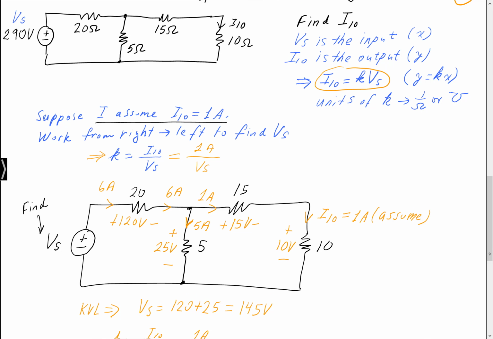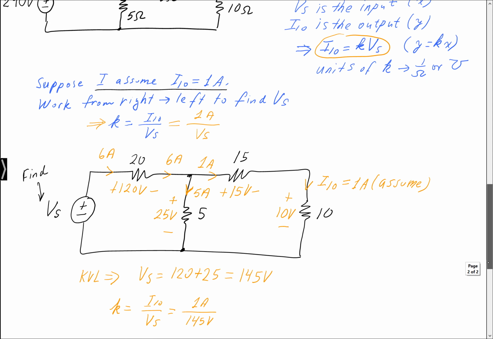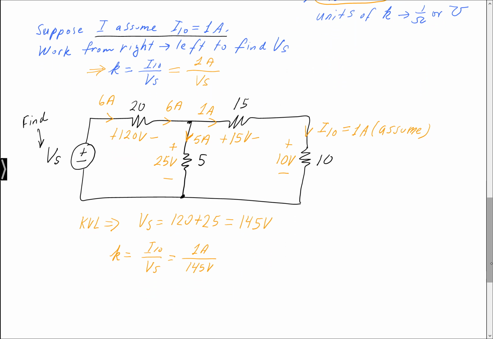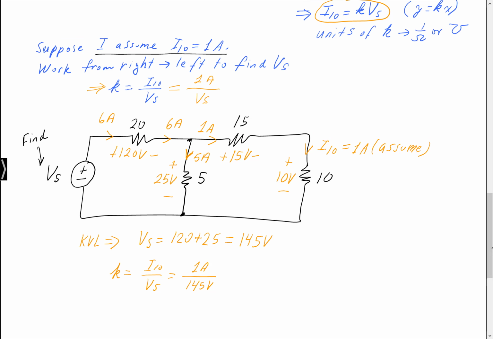That's what it is in the original problem. So basically what that's saying is that suppose I double Vs. Well, if you double Vs, you're going to double the current, right? That's what I equal to K times Vs is telling you.